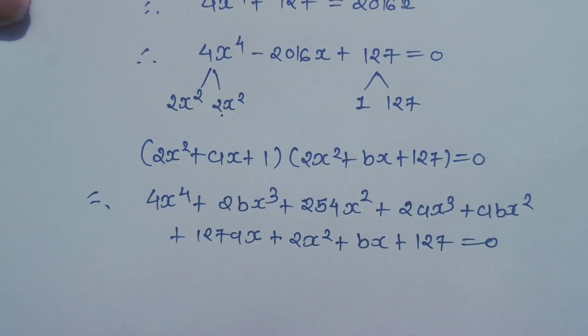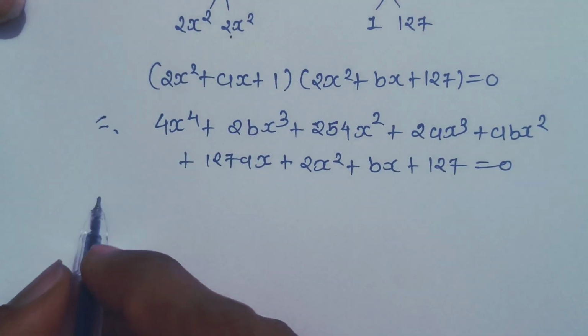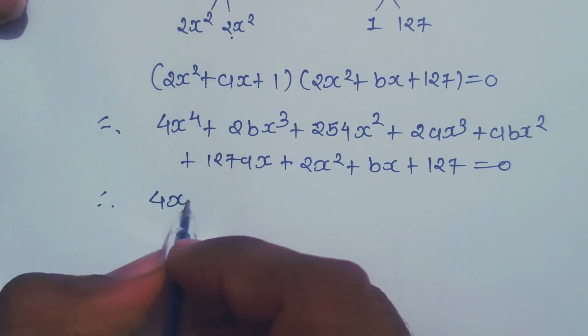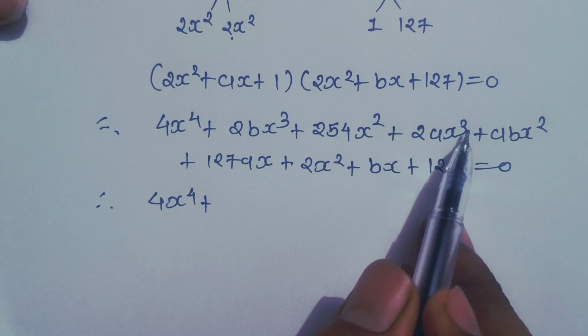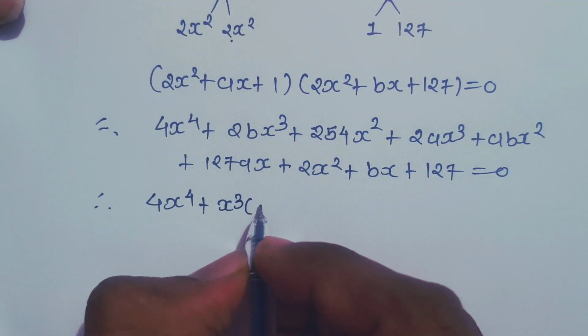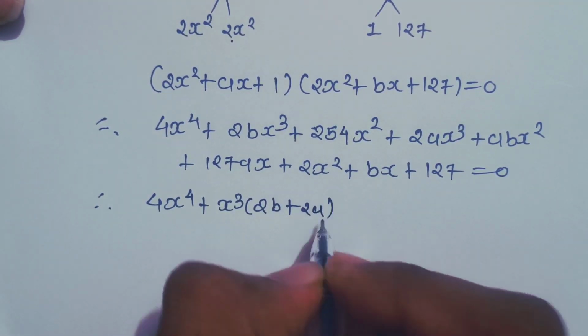Now first, 4x raised to 4 as it is, plus 2bx cube and 2ax cube. Taking x cube common, the remaining part is 2b plus 2a.